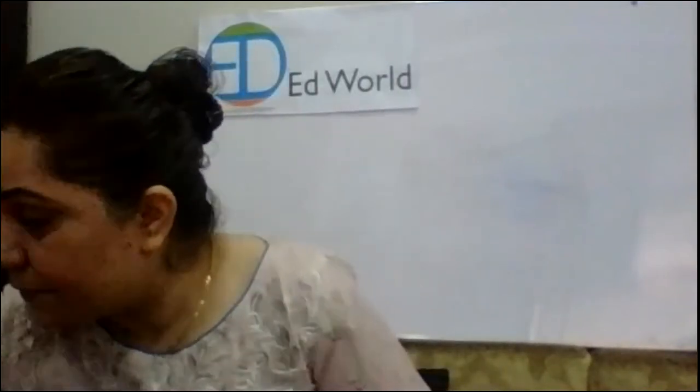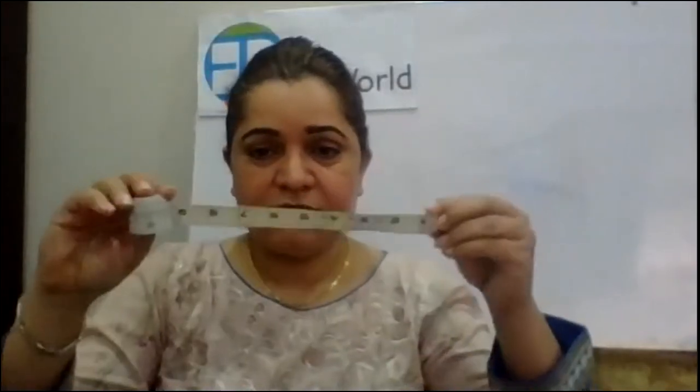Maybe you know some of them, but maybe some of you don't. So we're going to discuss that today. They are non-traditional ways of measurement. We use them at home sometimes when we don't have measuring tapes, because when we have a measuring tape, we can easily measure things with it.